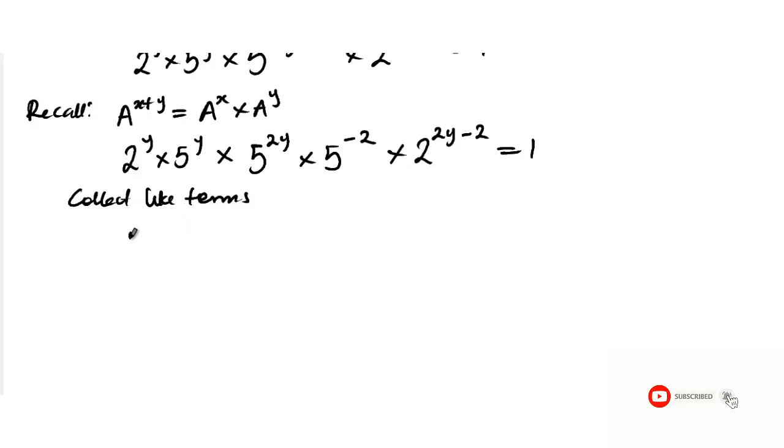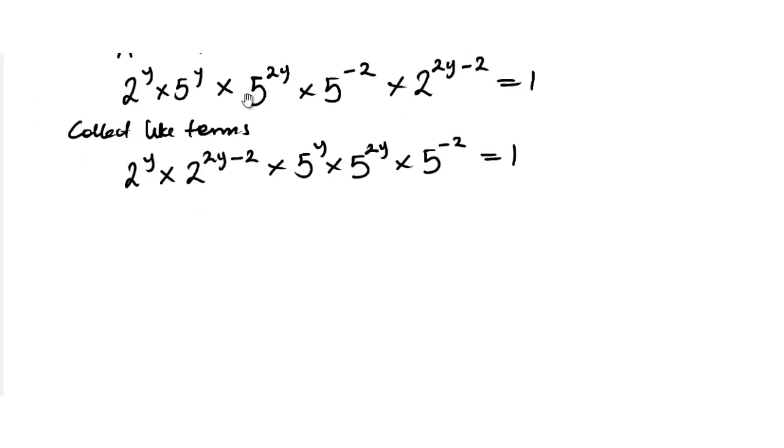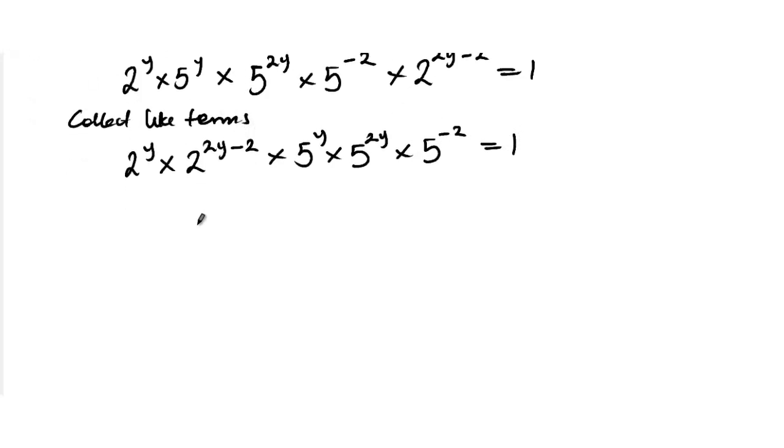If I regroup it, I have 2 raised to power y, then times 2 raised to power 2y minus 2, then times 5 raised to power y, then times 5 raised to power 2y, then times 5 raised to power minus 2 is equal to 1. Having done that, we have 2 raised to power y times 2 raised to power 2y minus 2 times 5 raised to power y times 5 raised to power 2y minus 2.